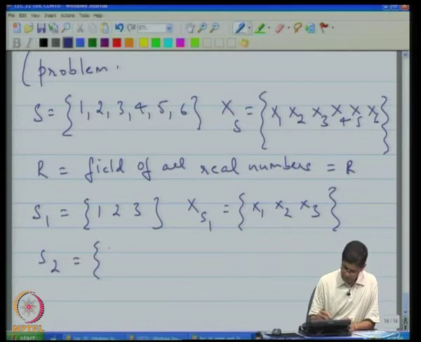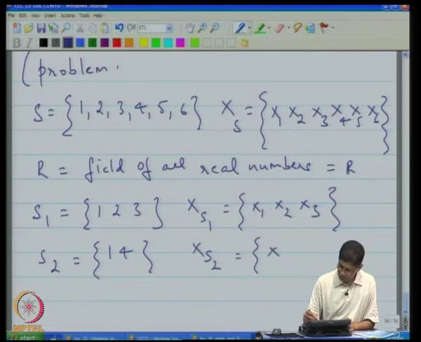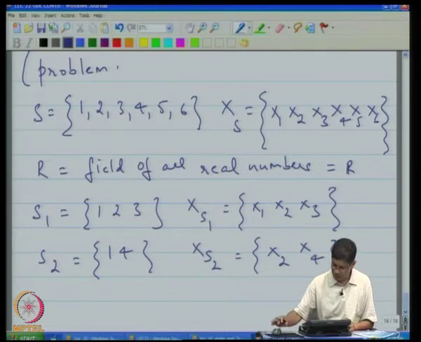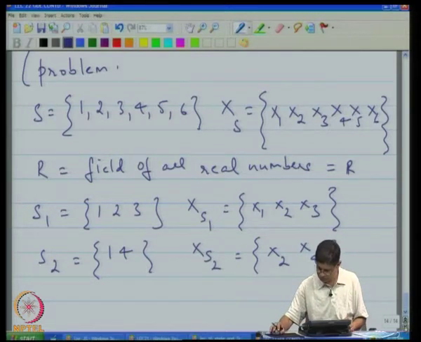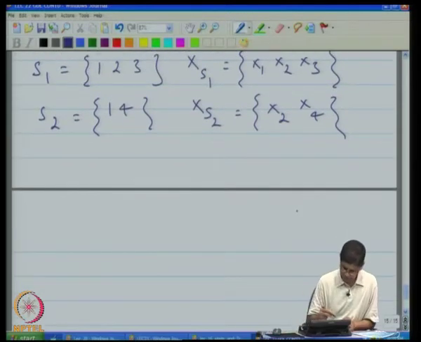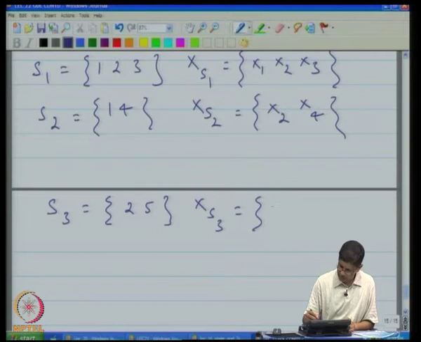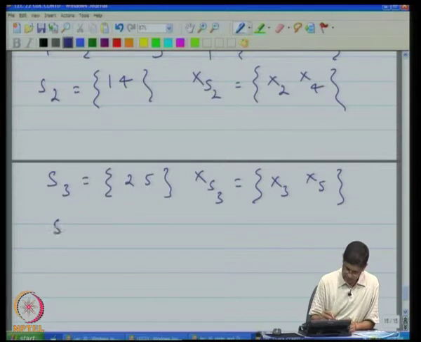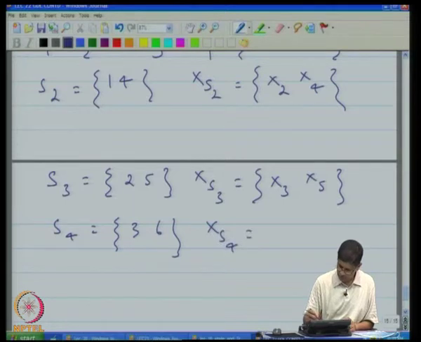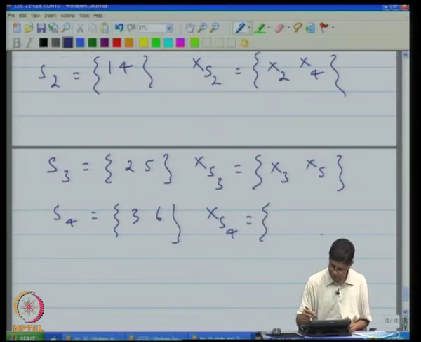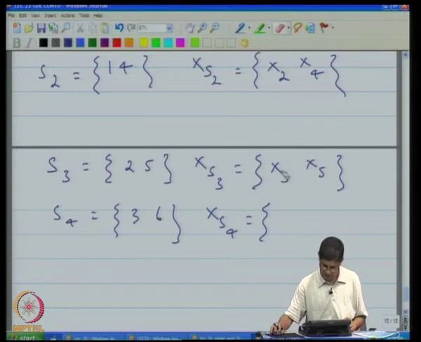S2 is 1, 4, x of S2 is x1, x4. S3 is 2, 5, x of S3 is x2, x5. S4 is 3, 6, x of S4 is x3, x6.